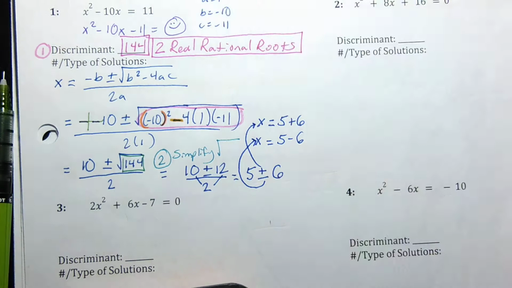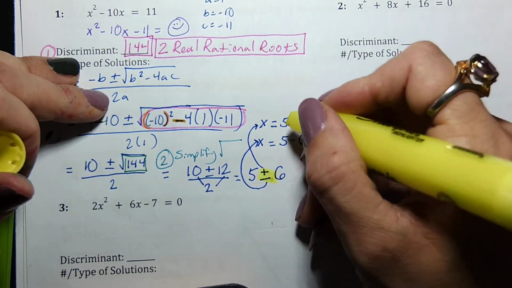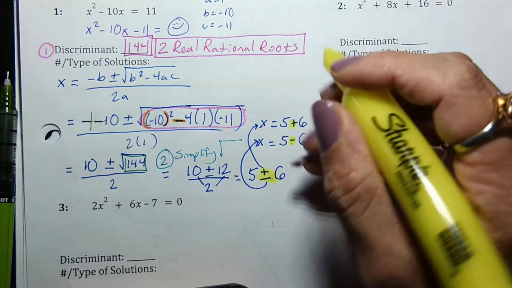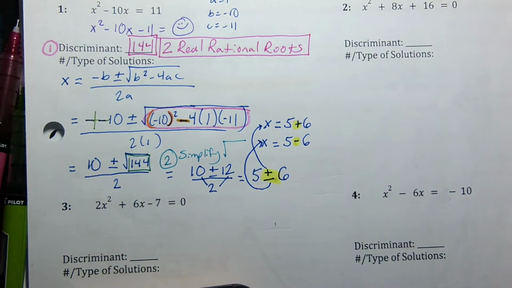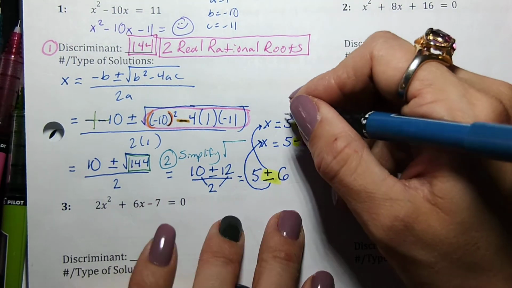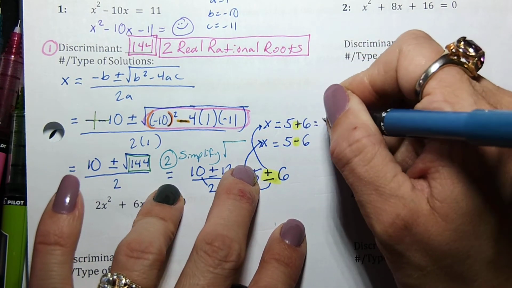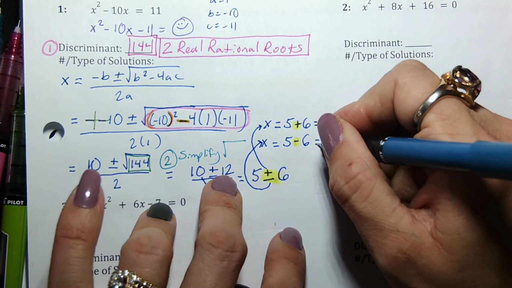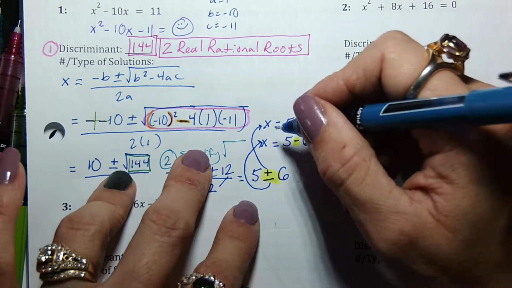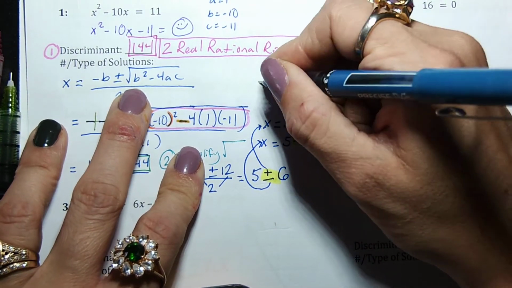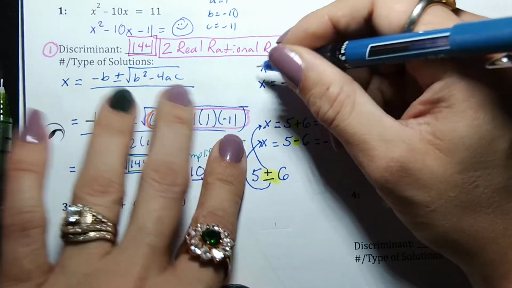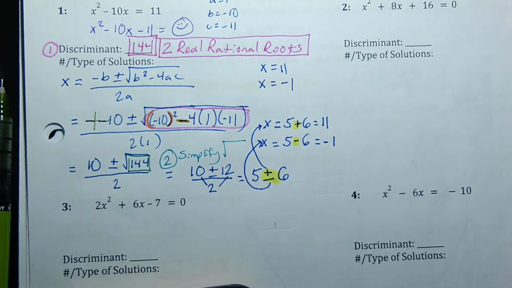So I break it up into 2 separate cases. And this gives me my 2 solutions. This simplifies to be 11, and this one simplifies to be -1. And those, I'm going to write them up here. Those are my 2 real rational roots.